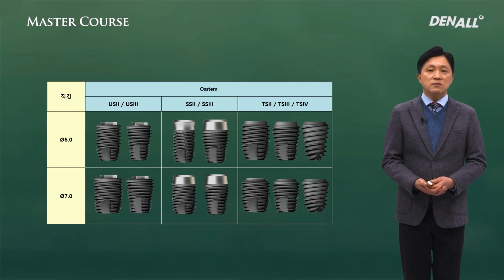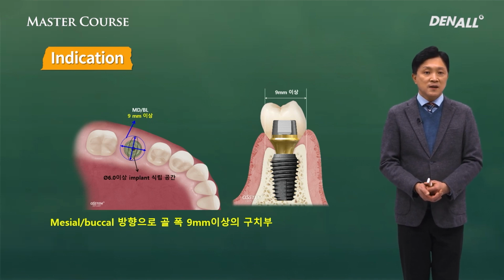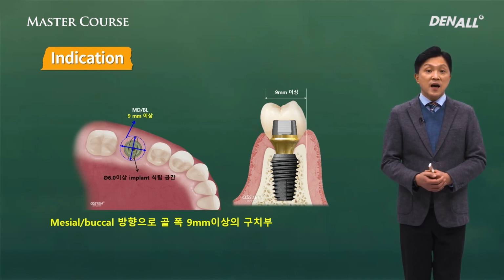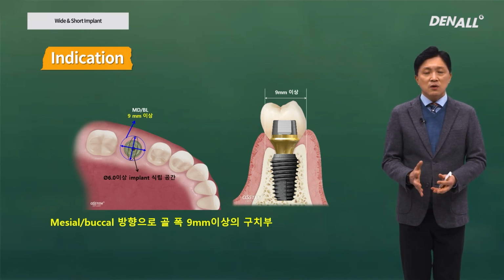Then these wide implants, where do you place them? First, you have to have the right indication for using it. So buccal-lingual width, I think, needs to be more than 9 millimeters to place them.